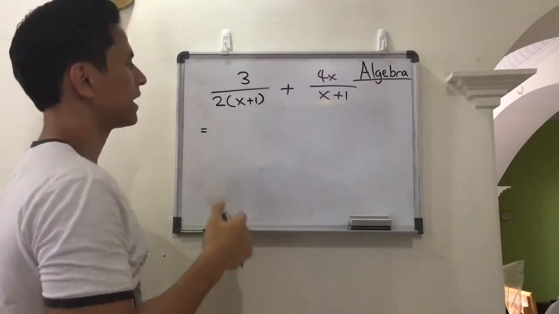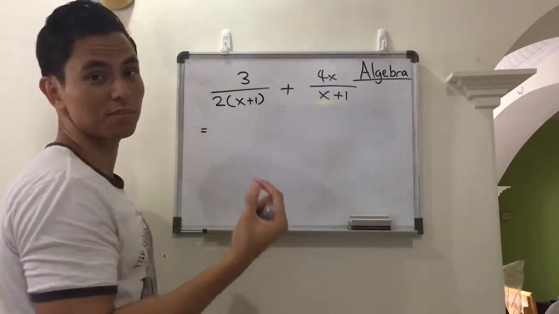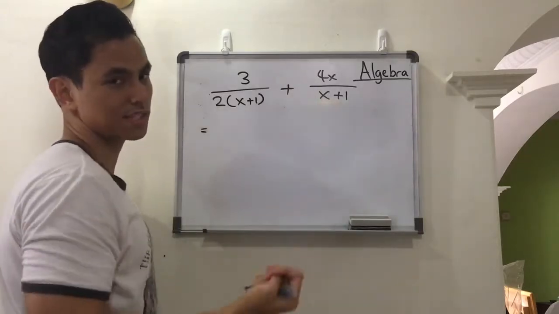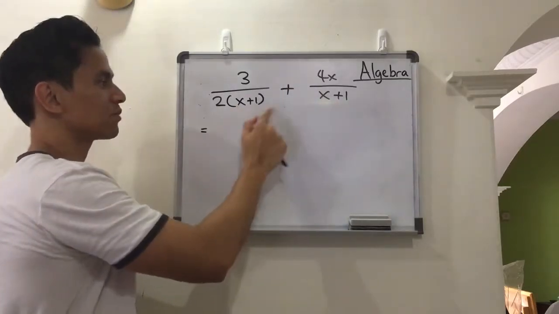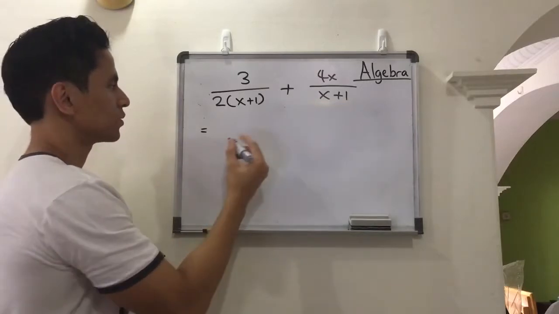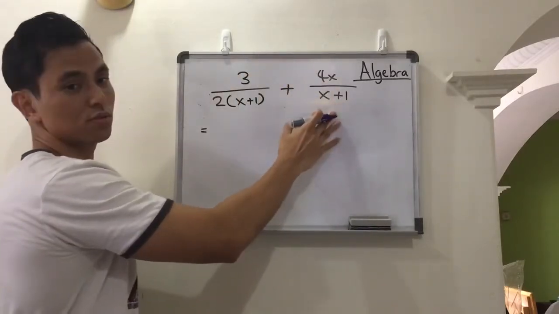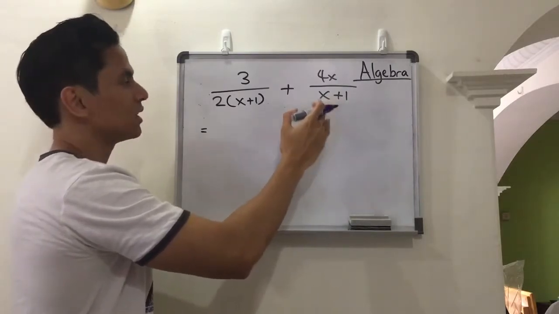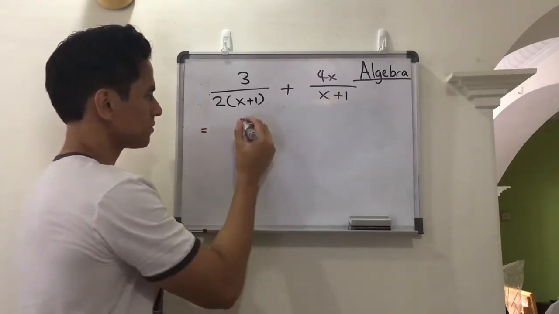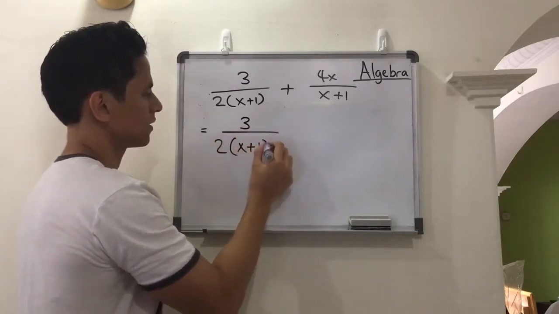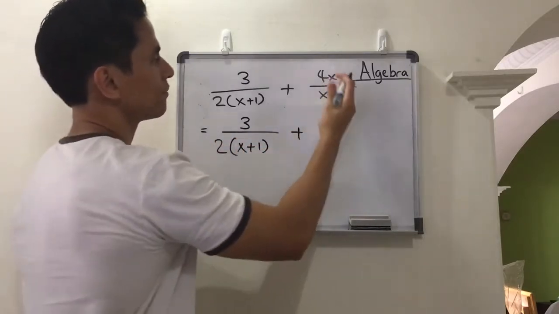So let's say it's being quite kind, we know that this and this are the same, so we know simply that to get the same denominator, we have to multiply this side by 2. That's about it. Because you can see clearly x plus 1 and x plus 1 here. So therefore, keep this left term the same and proceed to change the right hand term to the same denominator. So this will be this. And now we have multiplying by 2, right?